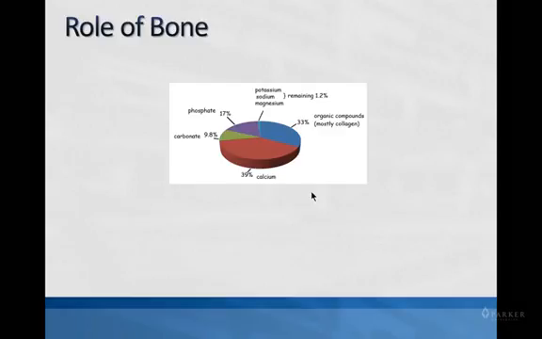If I need to increase the blood calcium levels, I can break down bone to get to this calcium, but what's going to be released also is some of the other components like phosphate. But if I want to build bone, I'm going to put calcium and phosphate and other things into bone.